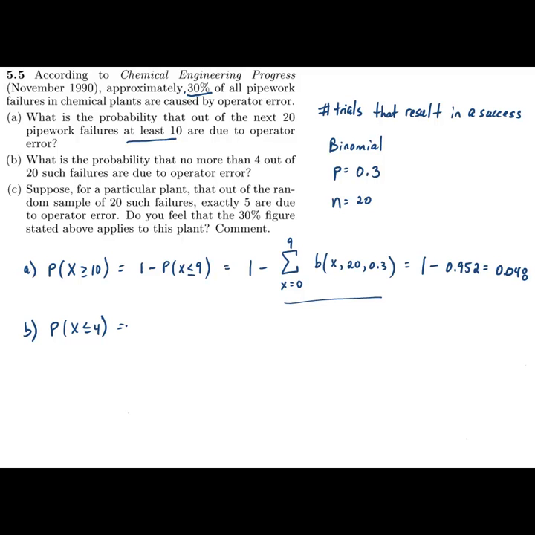So do the same thing. This is the summation from X equals 0 to 4 of the binomial X, 20, 0.3. So this equals 0.2375.